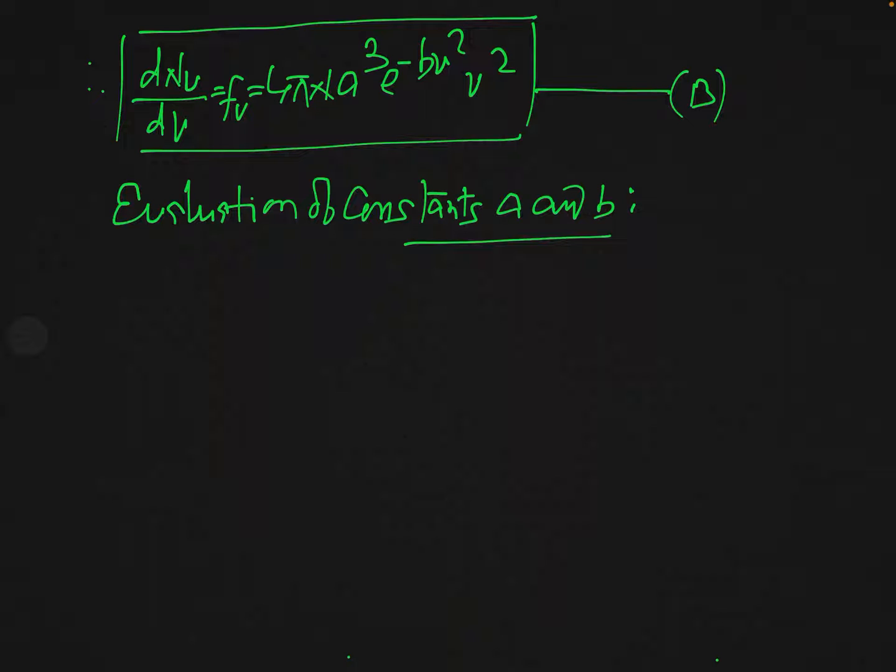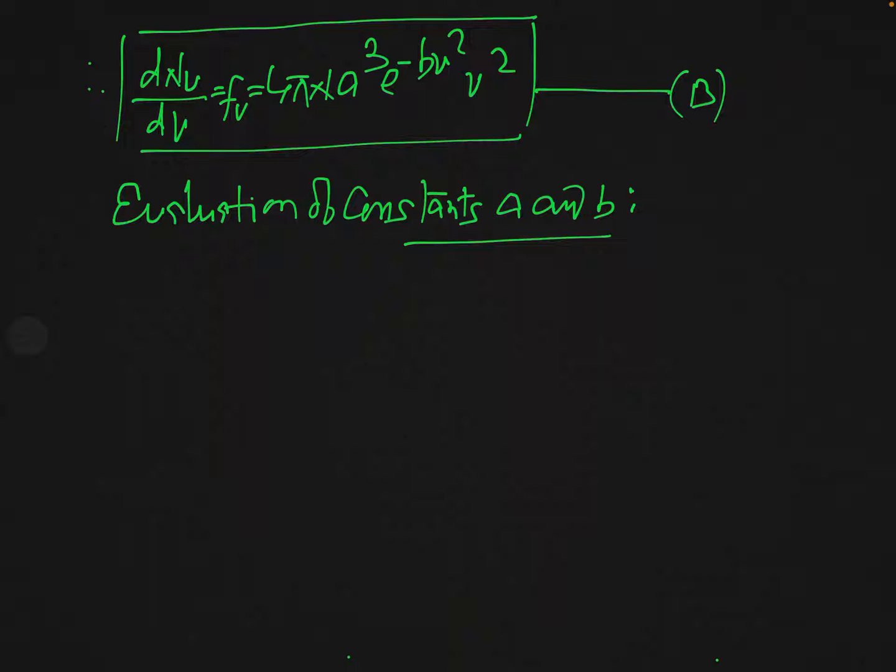So you must remember the values of these constants A and B and also the relation between them. Now let us see how we can evaluate the values of these constants A and B.